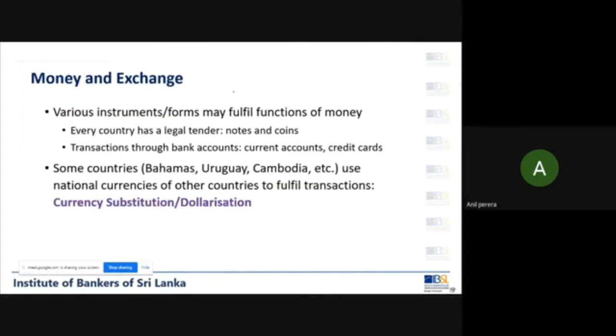Now, I already mentioned most countries have an accepted currency, which you call legal tender. This legal tender is mostly notes and coins. The government applies legality to these notes and coins.